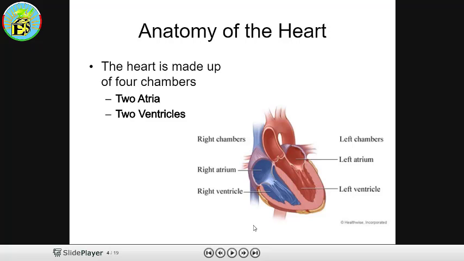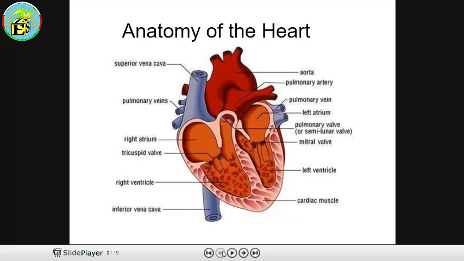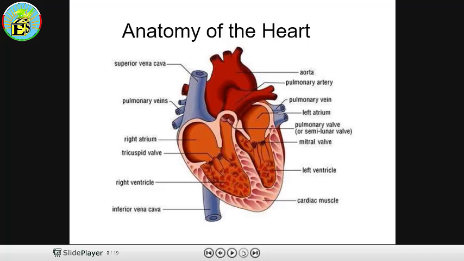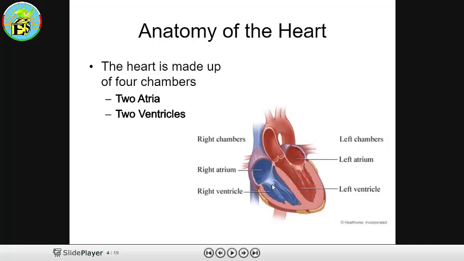As you know, the right pumps the blood without oxygen, the left pumps the blood with oxygen. So here it would be the blood without oxygen, here it would be the blood with oxygen.